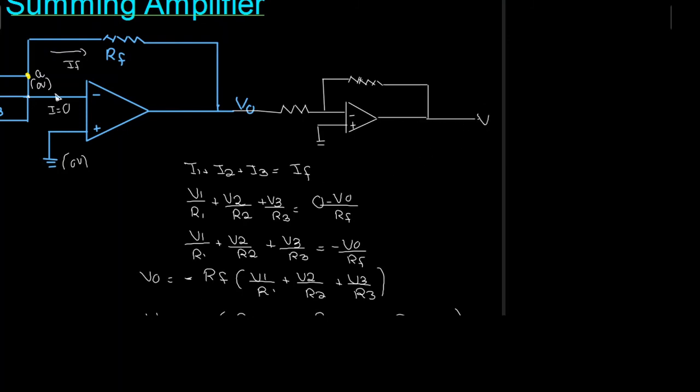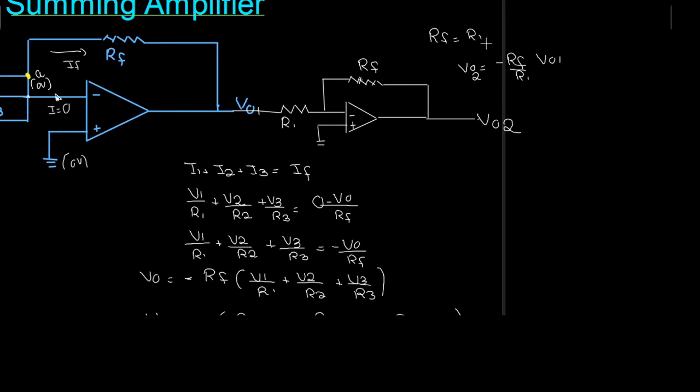Now let's suppose this is going to be my VO2, and let's suppose I call this VO1. Now VO1 is applied as an input voltage to this inverting operational amplifier. This is my resistance R1, for example, and this is again my feedback resistance. If these two resistances are equal, if RF is equal to R1, the output voltage VO2 is going to be equal to minus RF by R1 into the input voltage, which in this case is VO1.